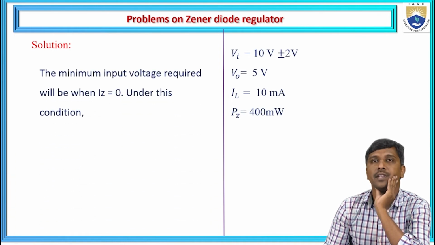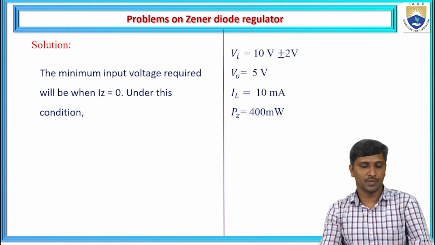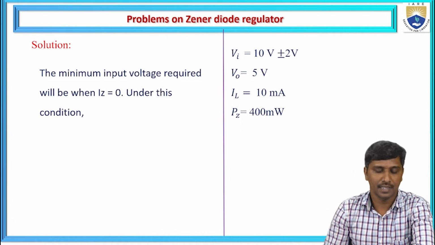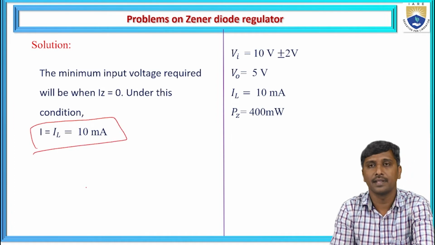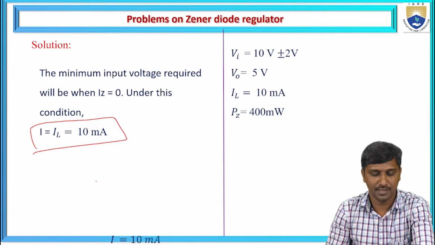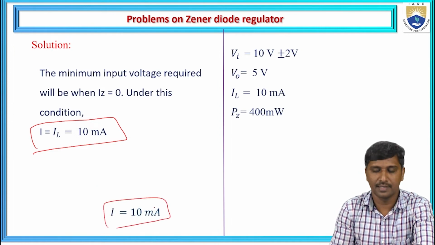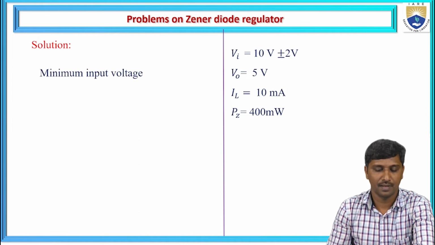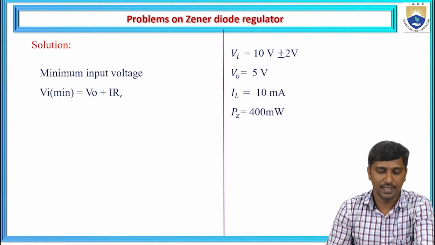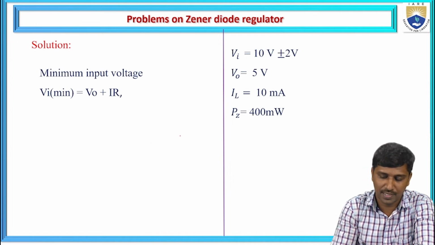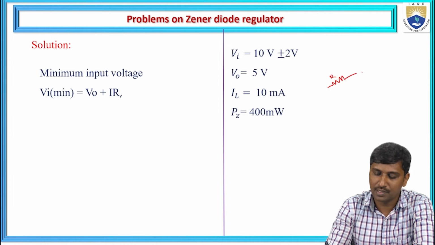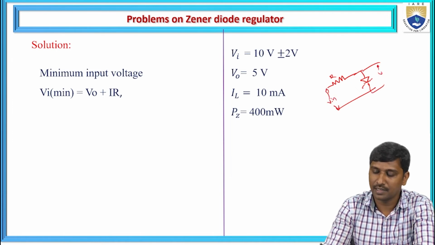Now similarly, we need to calculate how much input voltage is required when the Zener current is 0. Under this condition, we know that I is equal to IL, that is 10 milliamperes. So that is the reason I is represented as 10 milliamperes. Now we need to calculate the minimum voltage. For your given circuit, this is R and this is a Zener diode, and this is V0.